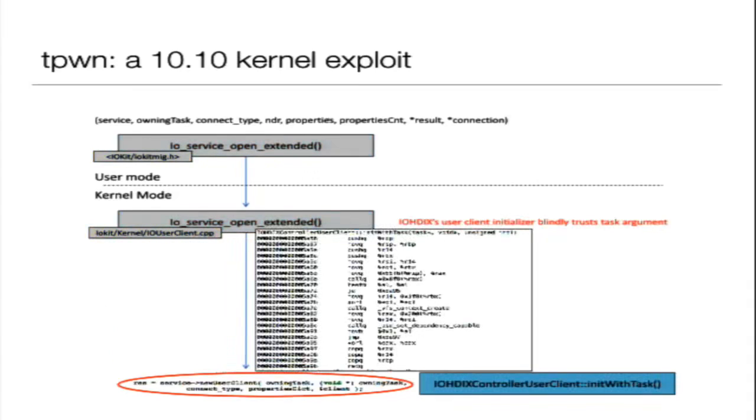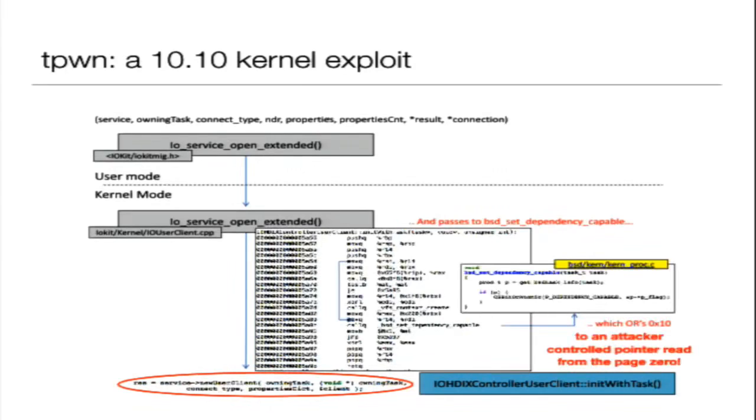When you create one, you pass in the task, and a particular user client, the disk image one, uses this task structure to read a pointer and will do an OR on the pointer, which, if you do the type confusion, is read from page 0. And so we can corrupt memory in the kernel as we wish, to anything we want.